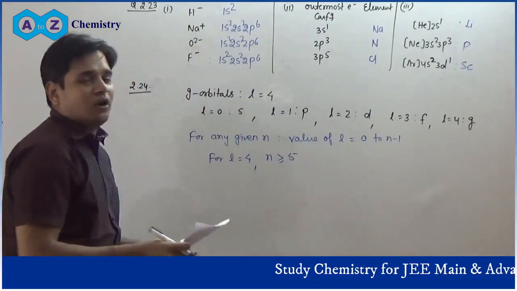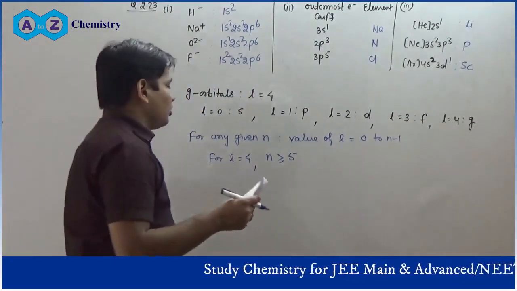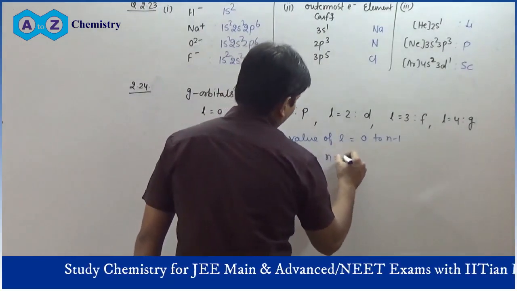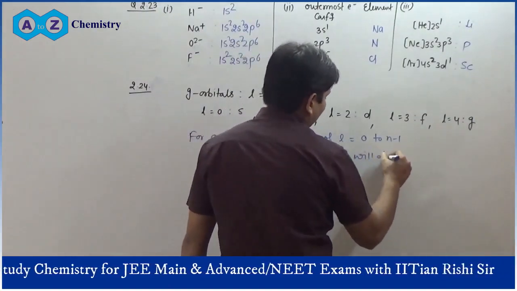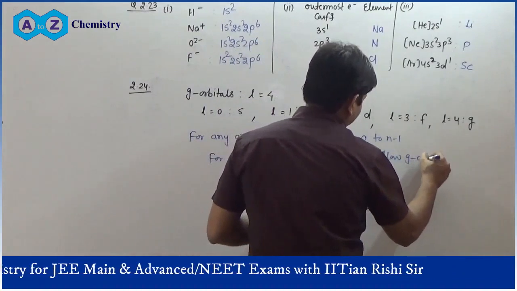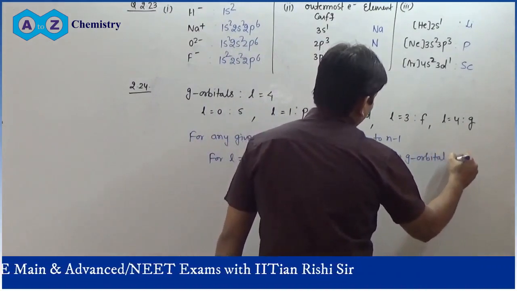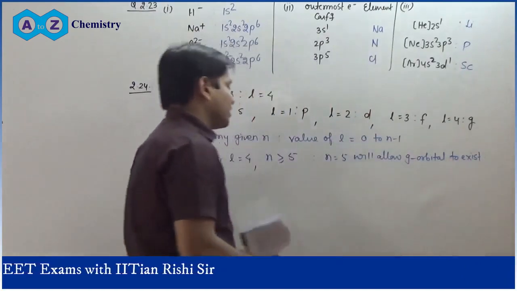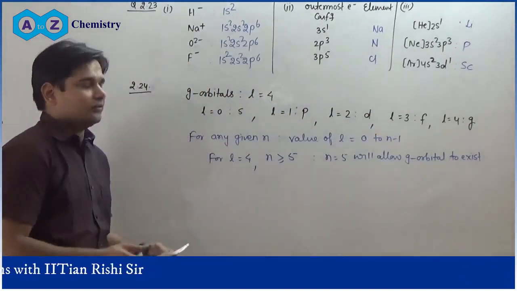So the minimum value of n that allows g orbital to exist is n = 5. For g orbital to exist, n = 5 should be there.